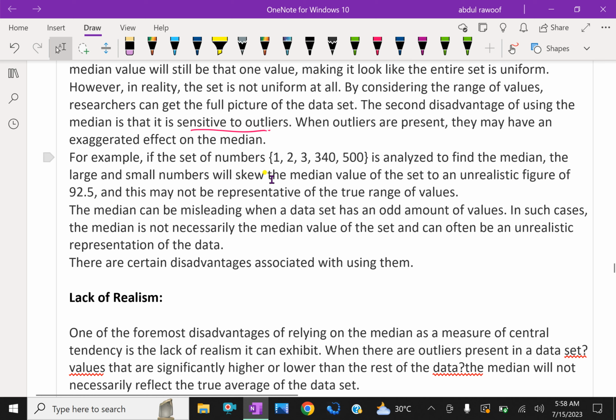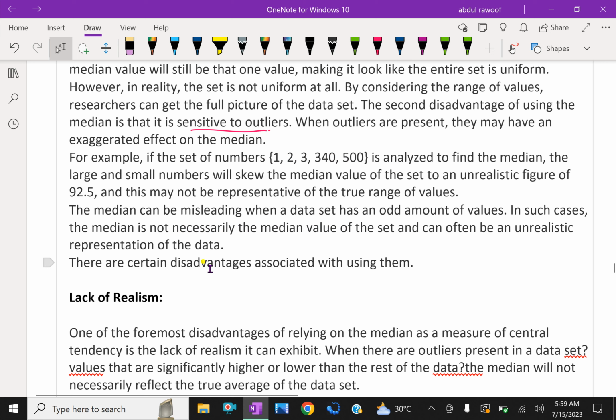Now here, the total is 5 values, the middle value is 3. 3 is not a good picture for the median in this case, because the left side is very low and the right side is much higher. The median can be misleading when a data set has an odd amount of values.